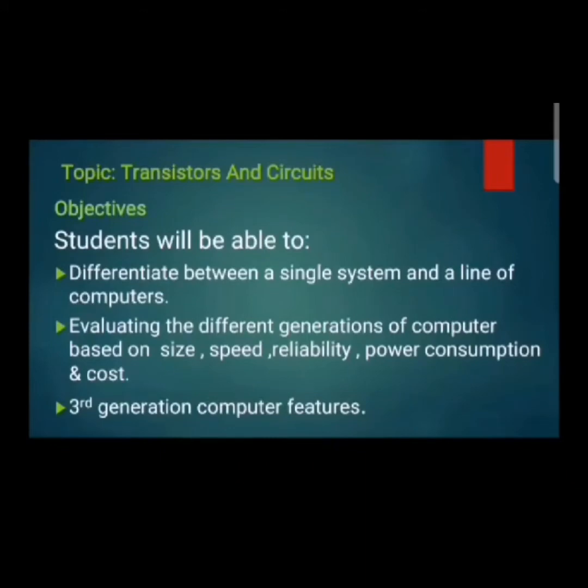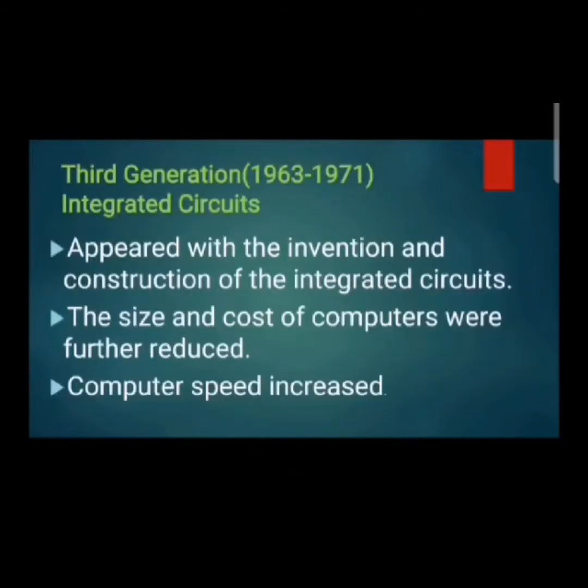Students will be able to learn about the difference between a single system and a line of computers, and evaluate the different generations of computers based on size, speed, reliability, power consumption and cost. And the third one is third generation computer features. So here is third generation, 1963 to 1971, integrated circuits.